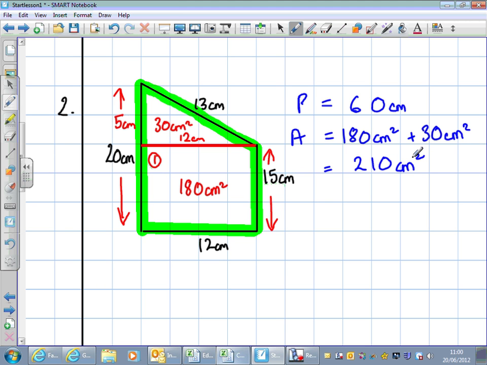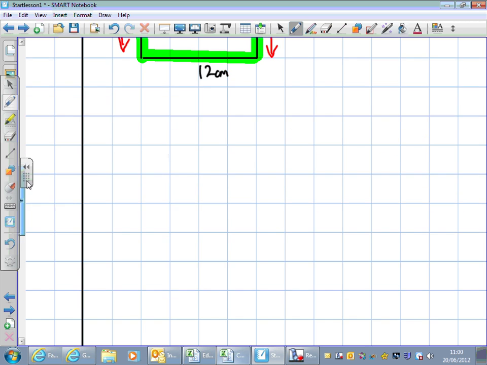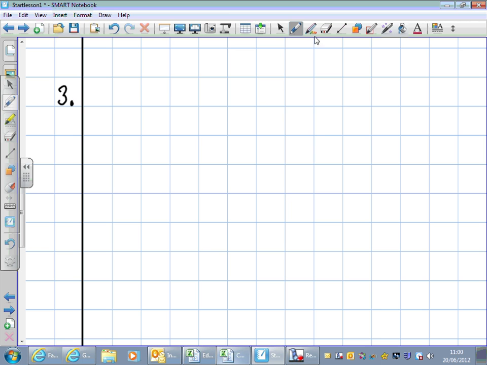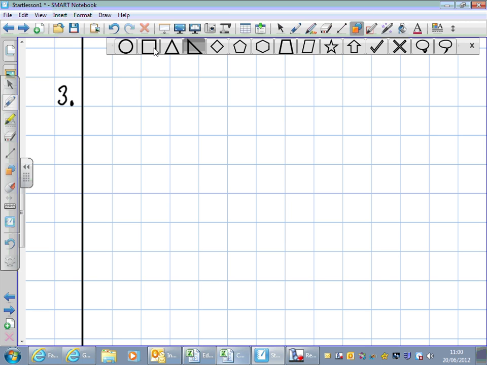Now, I want to keep this relatively simple and short, so we're just going to look at one other example, one that's caused many of the grade CD borderline pupils that I've taught a lot of problems.